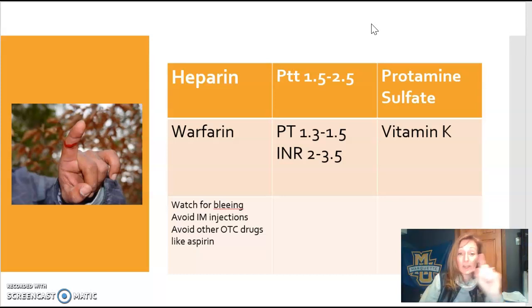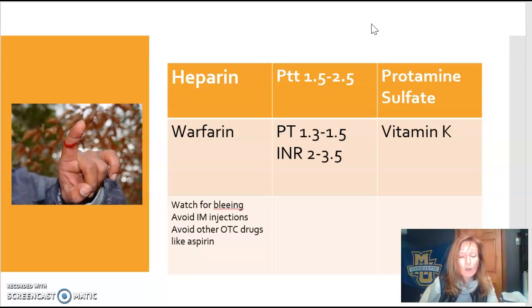If you have a patient on warfarin, you're looking at PT 1.3 to 1.5, but more importantly, you're looking at that INR, should be 2 to 3.5, and your antidote for that would be vitamin K. For all these patients, you are closely monitoring, making sure they're not showing signs of clot formation and they're not showing signs of bleeding, that happy medium.